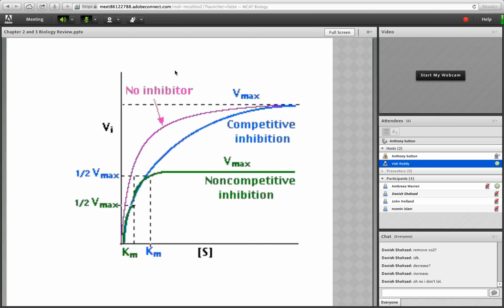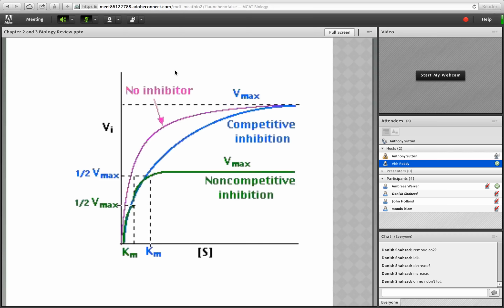So what you see here, you see this enzyme? This is what we call Michaelis-Menten. Michaelis-Menten looks at enzymes and how enzymes function, basically. And so what you see here is competitive inhibition and non-competitive inhibition.